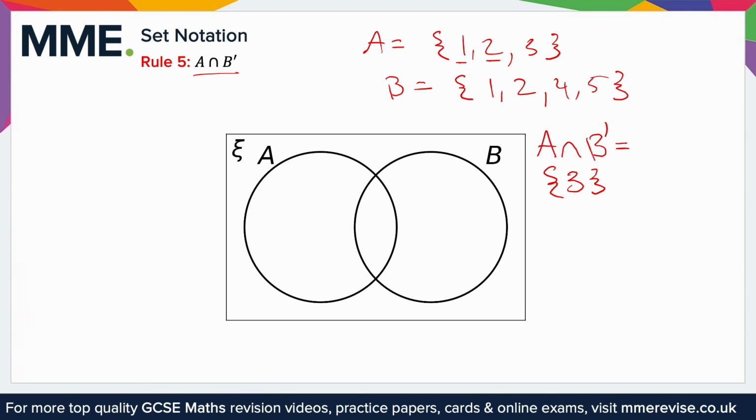How do we represent this on the Venn diagram? Well, it's just this section here, not including the bit where it overlaps with B.